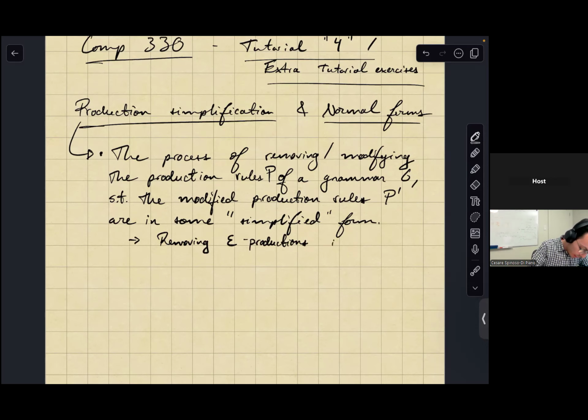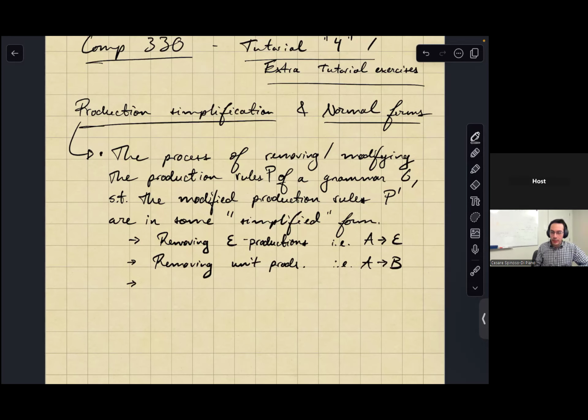So removing things like this. The other thing we'll be looking at is removing unit productions. So removing unit productions means removing productions that look like this, right? So we'll be removing those as well.